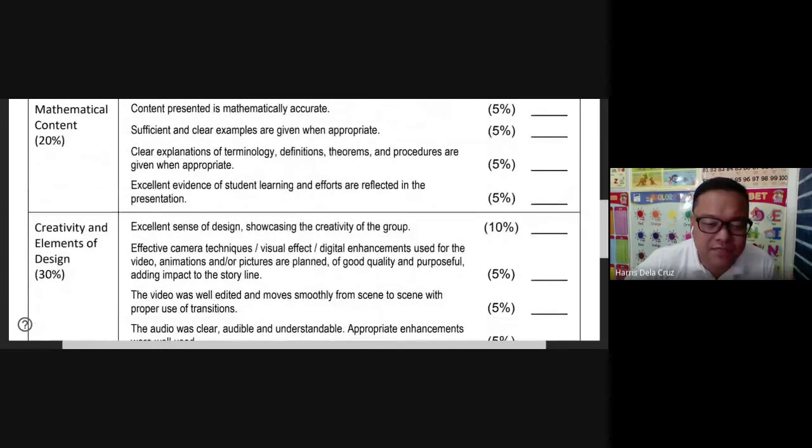Clear explanations of terminology, definitions, theorems, and procedures are given whenever appropriate. Excellent video, excellent evidence of student learning and efforts are reflected in the presentation. Again, as I said a while ago, it's very important that you understand the concept you are discussing, because you cannot explain it if you do not understand it. So, it will show in the presentation.